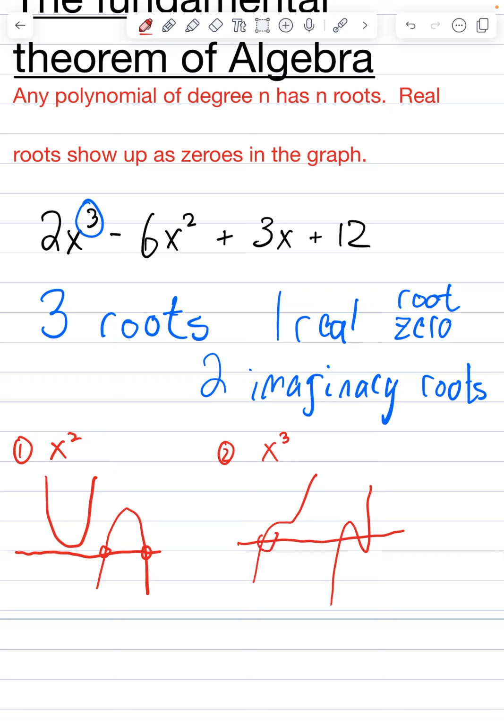You'll always have one real root with an x cubed, because it'll always cross the x-axis. Or you could have 3 real roots or 2 real roots, right? And if there's a bounce here, that means there's only 2 real roots. And when it bounces, this root happens twice.